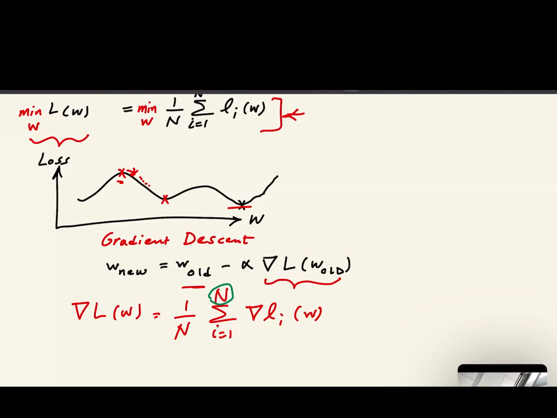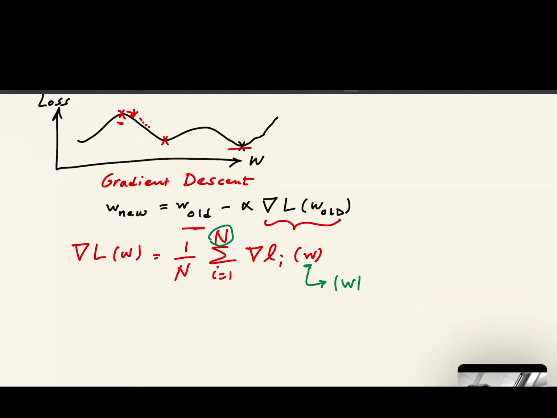On the other side, large modern neural networks can have very, very large sets of parameters, possibly billions of parameters. So computing one gradient step like this requires looking at every single example, and that can take a long time.